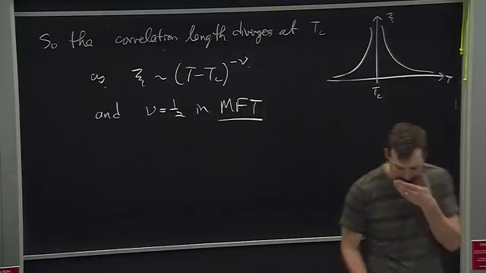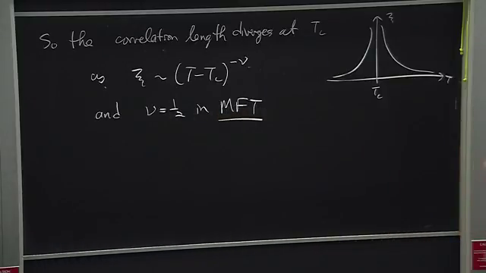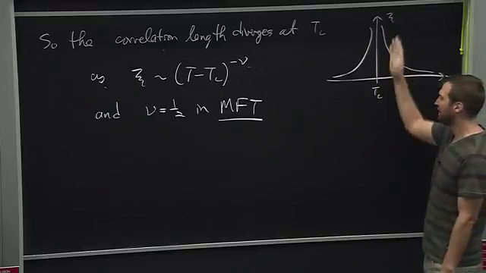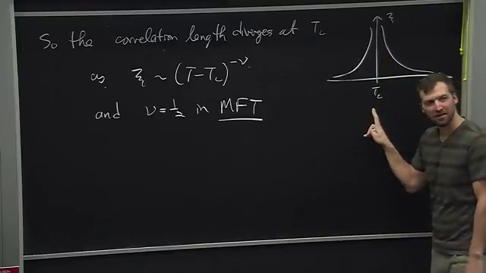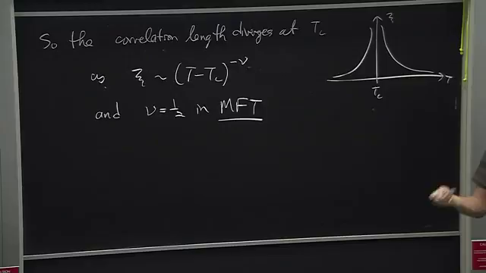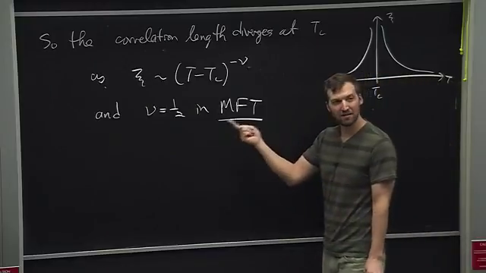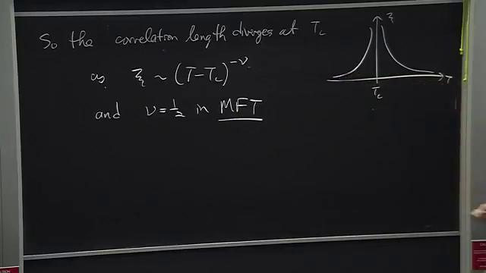Well, the fact that this goes to infinity at the critical point is the source of the scale invariance of a critical system that we're going to use to derive the renormalization group. Okay, so even though the exponent maybe isn't perfect, the behavior of this thing as you approach the critical point is right. I mean, it is diverging.